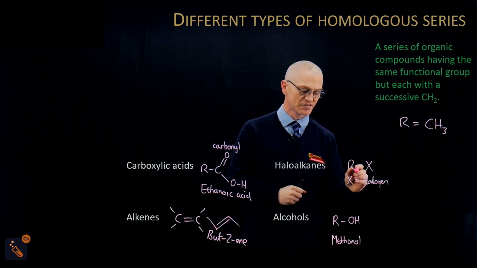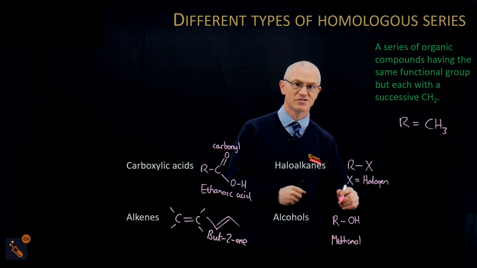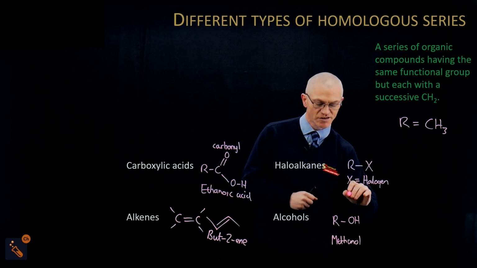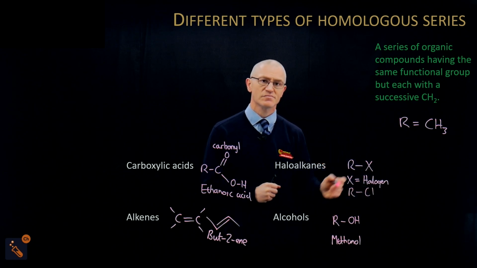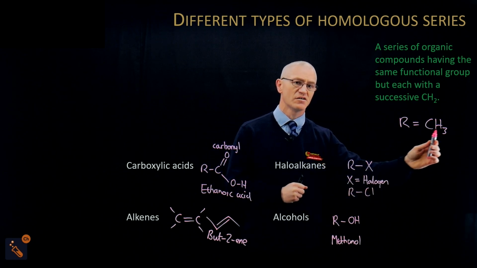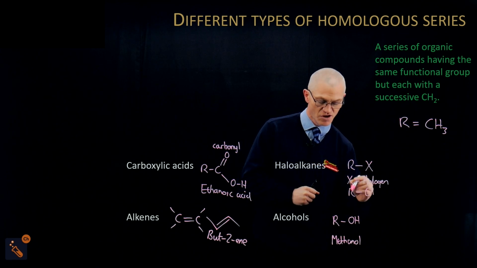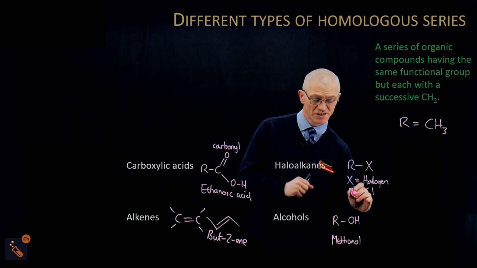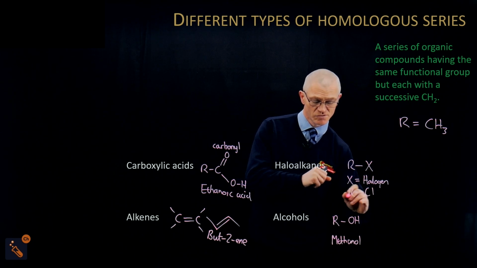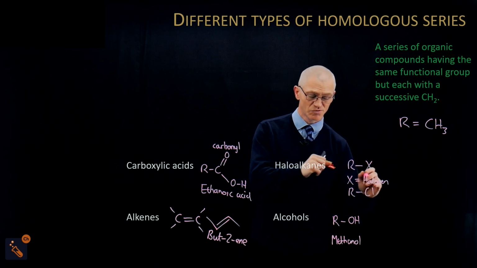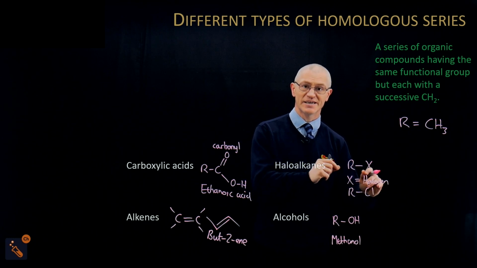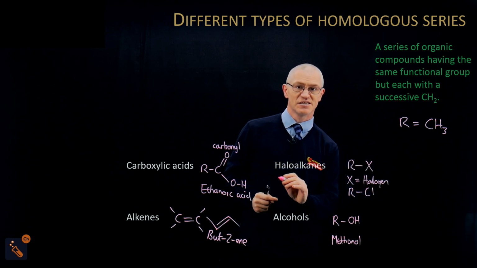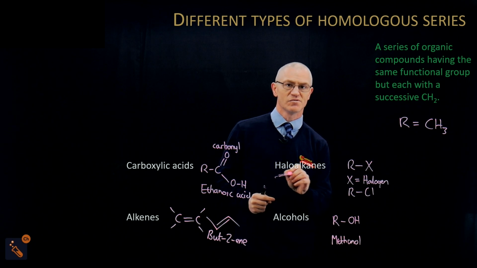So if that is the case, and we have that halogen, let's make up one, and let's just say, okay, this is R, and we're going to do Cl. So RCl, well, that R is CH3 again, so that means 1. You can call it this time, use the chloro, and use it as a prefix. So all haloalkanes, the halo bit, as it's written here, you can see it's written before.